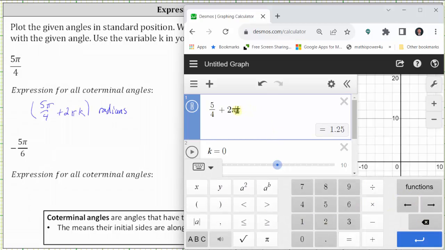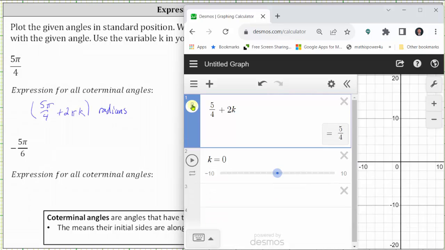So if we remove the pi here and here, and then click on the Convert to Fraction button on the far left, we're adding multiples of 2 to 5/4, and then we just have to include the pi to get the coterminal angle. So notice when k is equal to 1, this represents the coterminal angle of 13/4 pi.